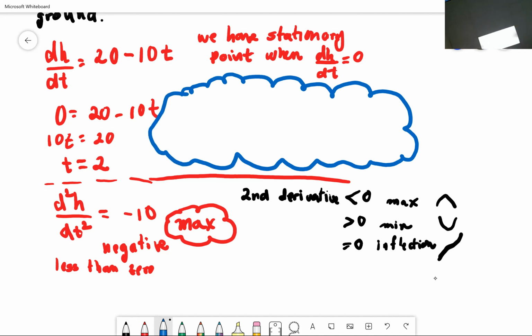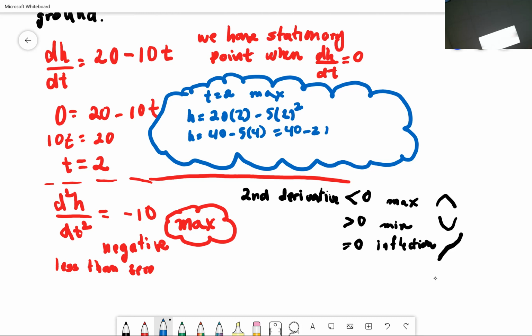We just go to the original formula and substitute t equals 2. We know it's going to be a max, and we'll find the maximum height. H equals 20 times 2 minus 5 times 2 squared. So H equals 40 minus 5 times 4, which is 40 minus 20, which is 20.